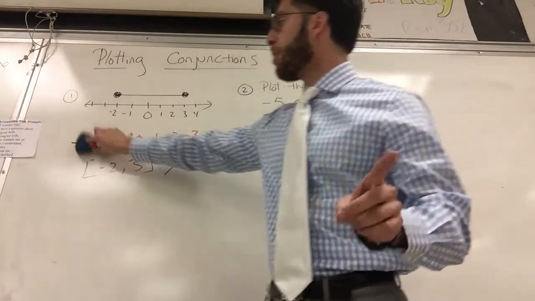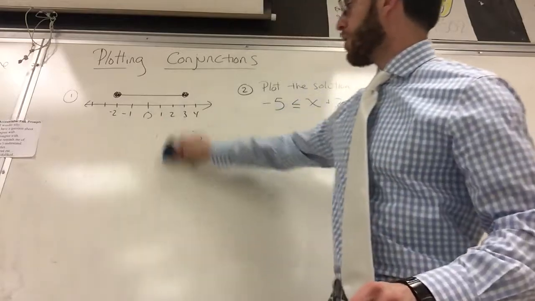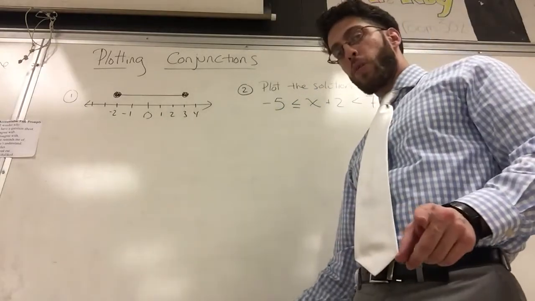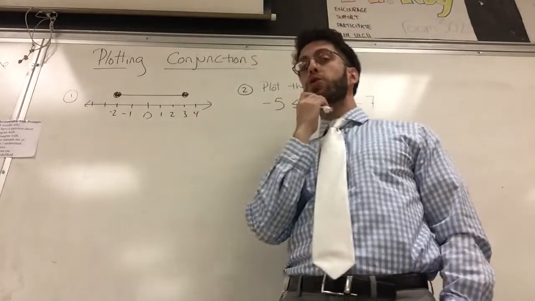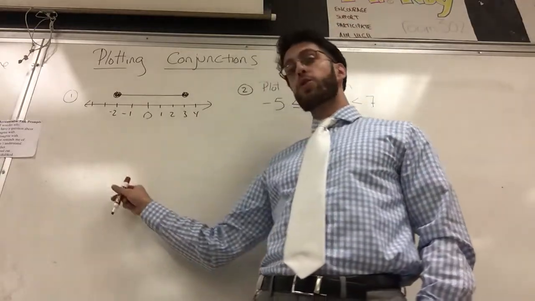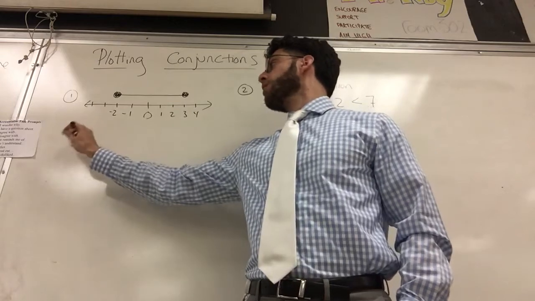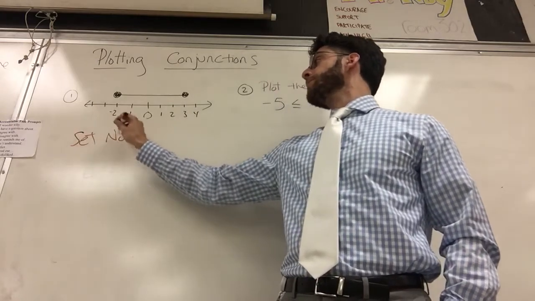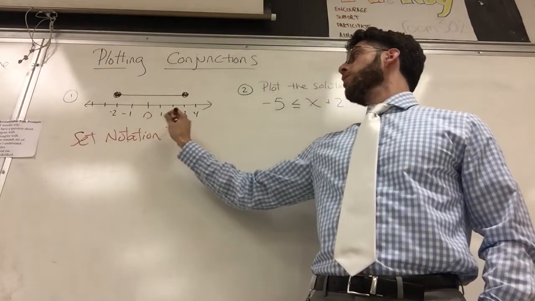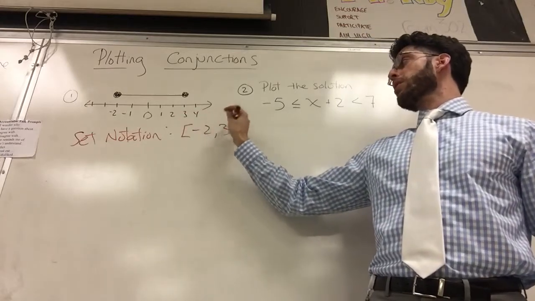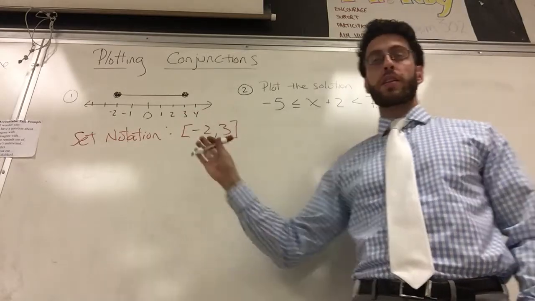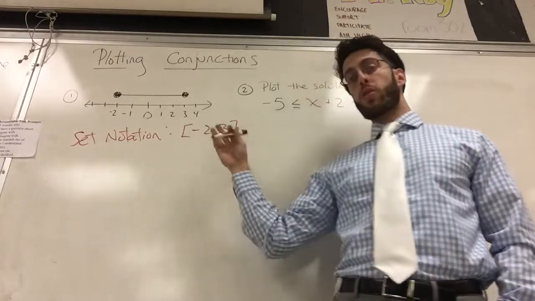So you represent it differently than you would in my previous video when I showed arrows going to infinity. So let's see, how could you represent this? I just showed you how to do it, I'll do it again. Set notation is going to look like this. Close bracket, -2 to 3, include the 3, stop right there. That's it. This time we're not going to infinity.